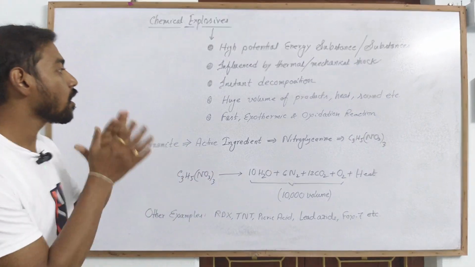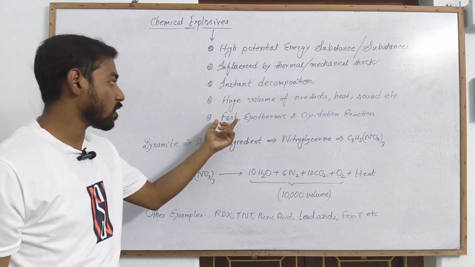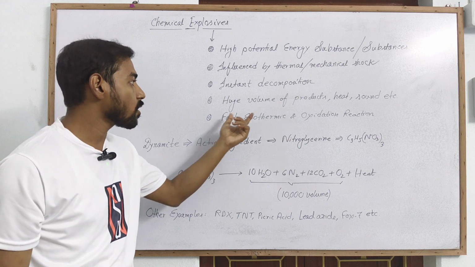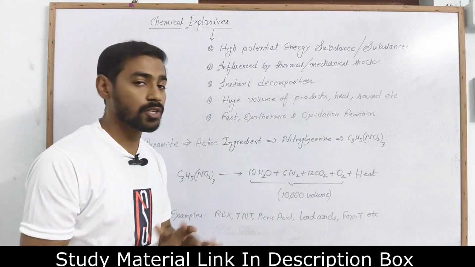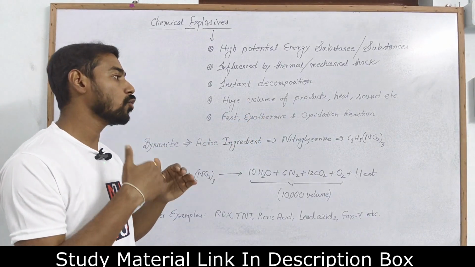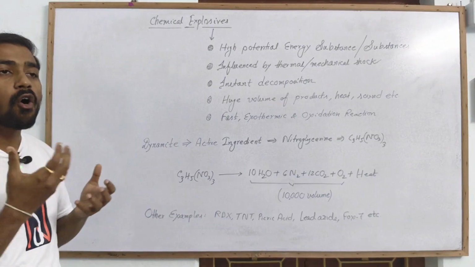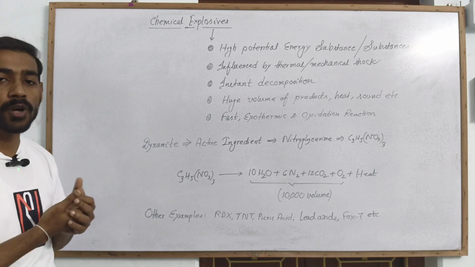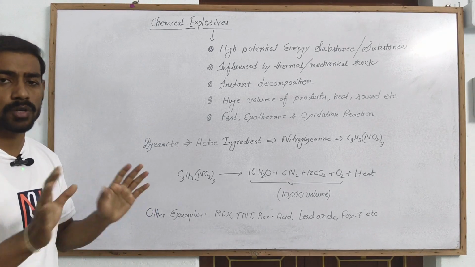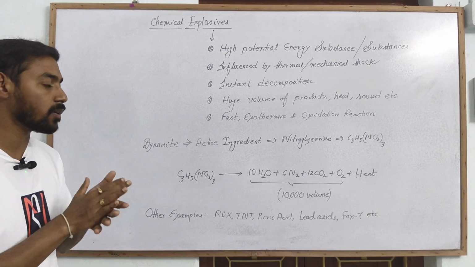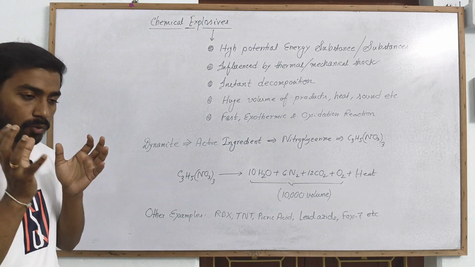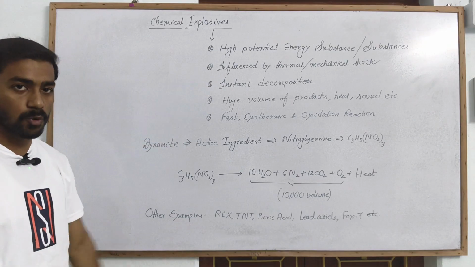These explosions are fast, exothermic oxidation reactions that give simple substances like oxygen, nitrogen, carbon dioxide, carbon monoxide and water vapors. These are the simple products we get after the explosion.